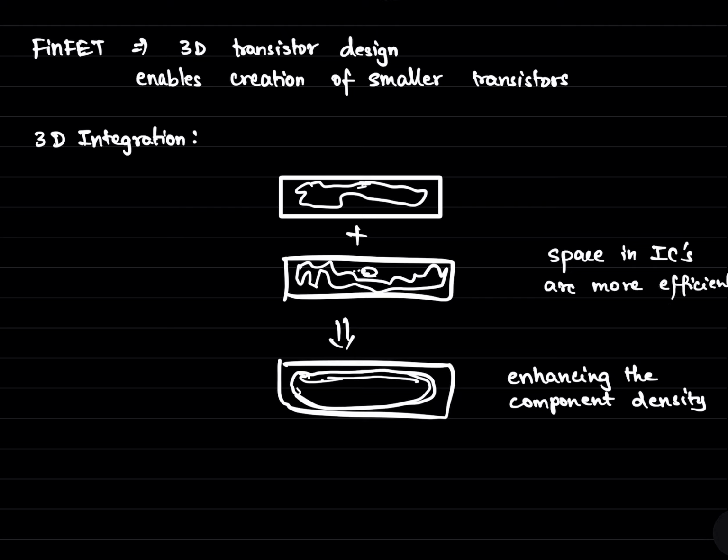So coming to the next advantage of why ICs are preferred over discrete components: increased functionality. Very complex circuits can be mounted on an IC, which means that ICs can perform different tasks.